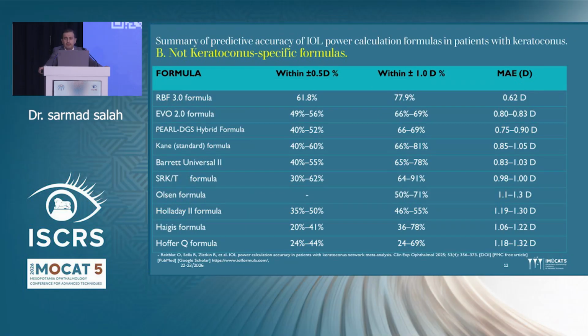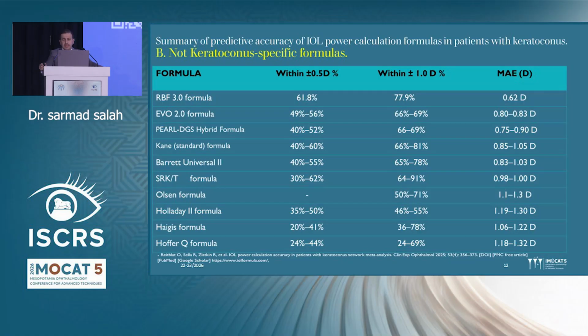But other formulas like HLRBF, EVO, Kane, Barrett, and SRK/T give a good percentage of predictive accuracy, but I recommend targeting postoperative myopia according to the stage of keratoconus. And when we have K reading above 55, it's better to use standard K rather than actual K, with a myopic target of about 1.5 to 2 diopters.